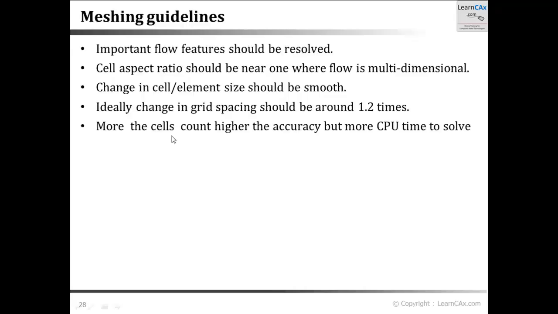And usually, whenever we have to capture a flow, we use a finer mesh. If we extend that philosophy, it means that the higher the cell count, the higher the accuracy.